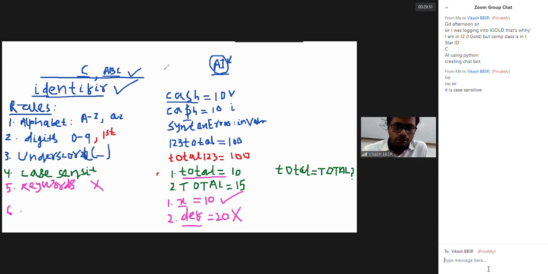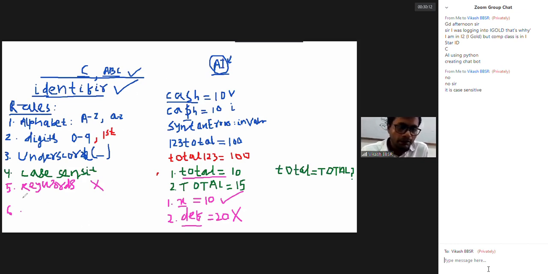How many characters? Swati, not correct. Yes, Asit. Yogesh is correct. Very good.